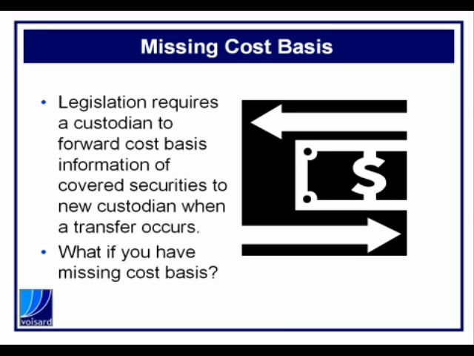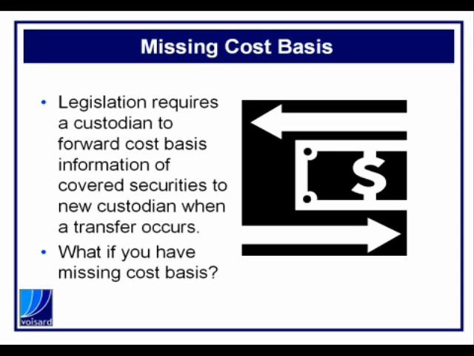So if you have a stock at Merrill Lynch and you transfer those shares to Voisard, well, if it's a covered security, again, following that schedule that we looked at before, they are supposed to send that cost basis information to us and to Schwab. It doesn't happen on uncovered securities.